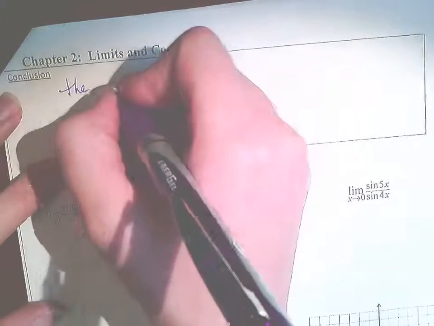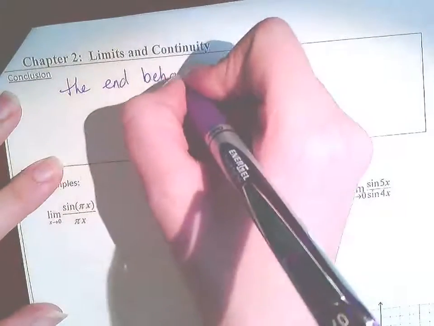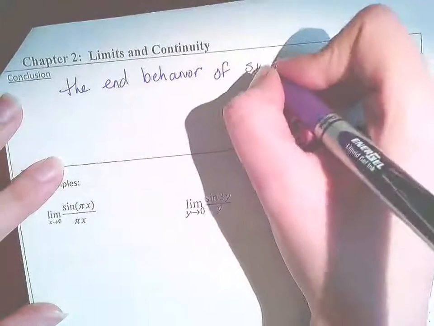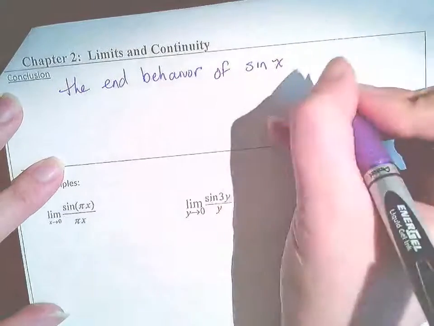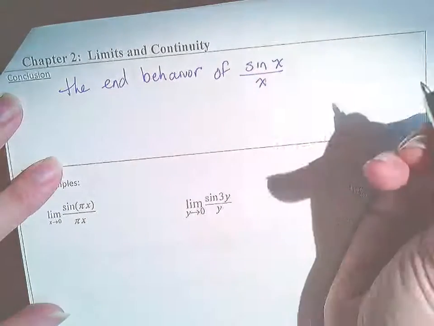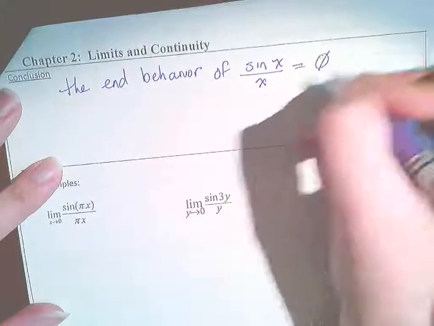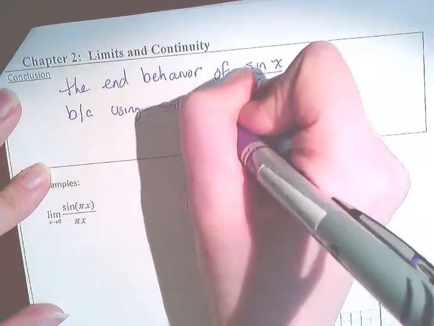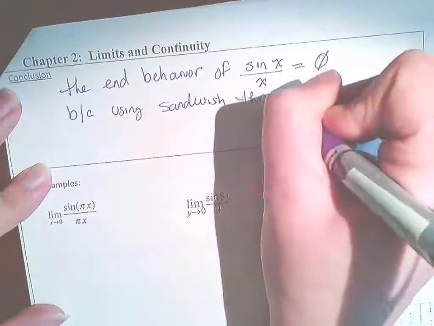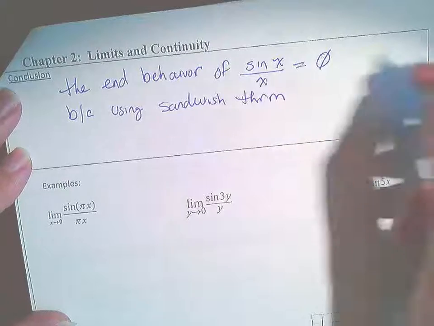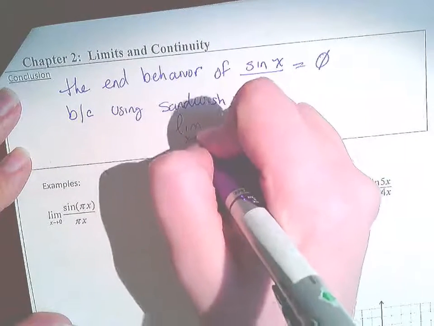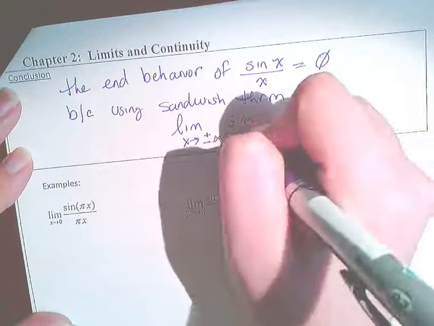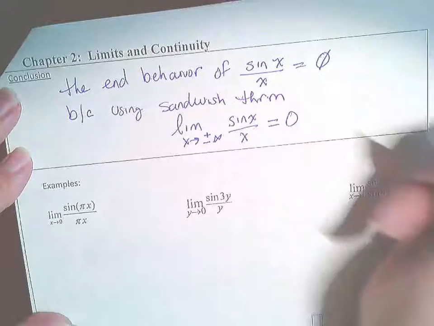And the conclusion is the end behavior of sine of x over x is going to be 0 because using the sandwich theorem, the limit as x approaches positive or negative infinity of sine of x over x is going to be 0.